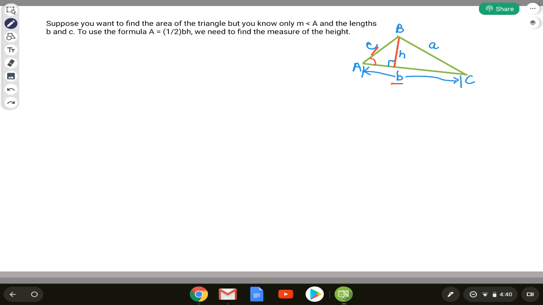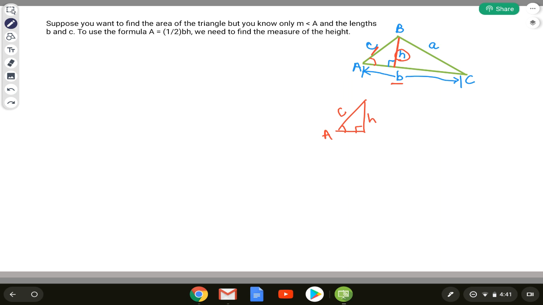Let's see, I also want to find H. So if I'm thinking of this small right triangle with my angle A here, and my height, and C is the hypotenuse, and if I know that measure, I can do this. So what I will do is figure out what the height is.